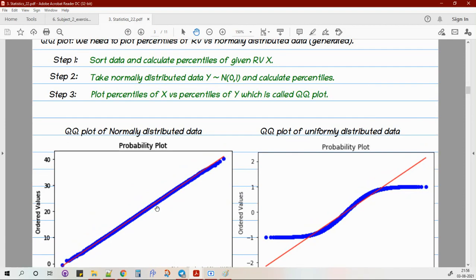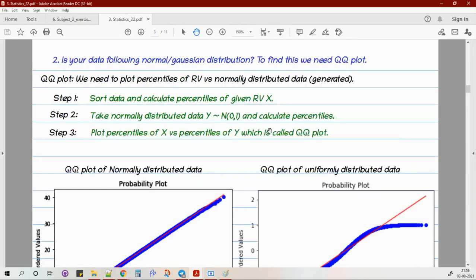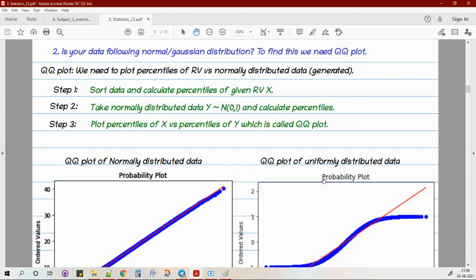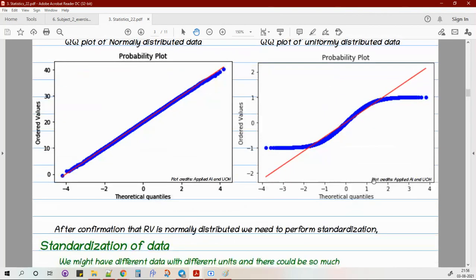And by using this QQ plot, we are just comparing if it is fitting or not. Basically, if our random variable is following the normal distribution or not, right? So this is kind of a test, that QQ test, that we can use. This QQ plot can be used to identify if the distribution is following a given normal distribution or not, right?